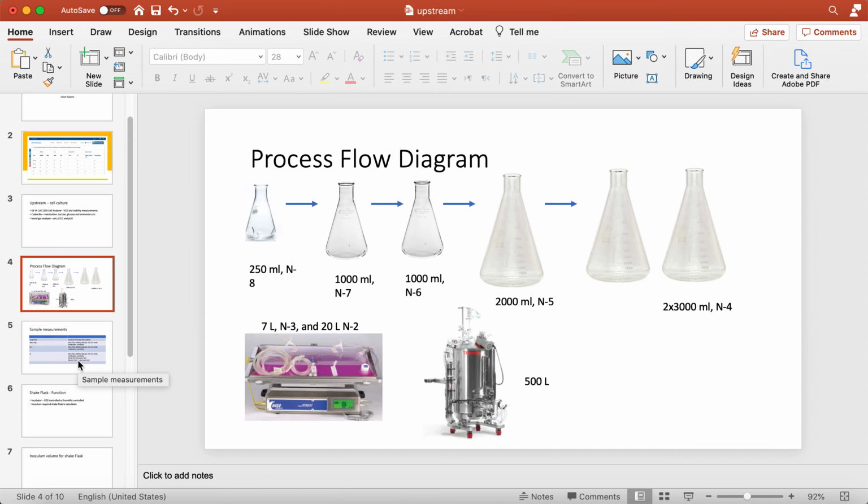You need to know the target seed density, and you also need to know the target shake flask working volume, and then you divide that by the final VCD of the previous step. This will give you the volume of inoculation. I'll write it down here.